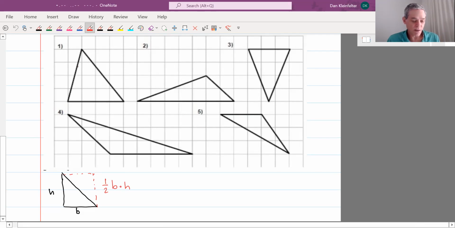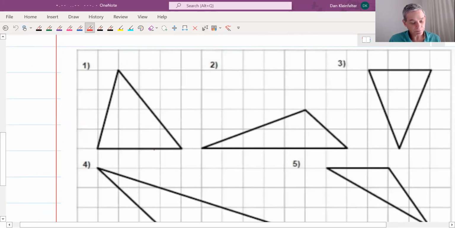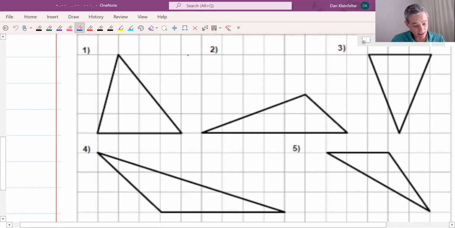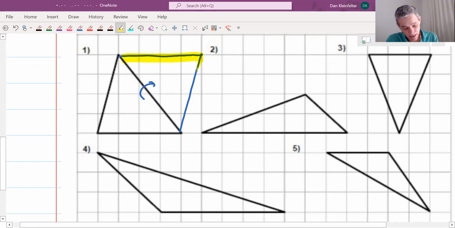So I'm going to start with this one up here that is number 1. This thing is not a right triangle, but if I proceed in the same way as I did here, we're going to see that this ends up looking like a parallelogram. So I've made just a little copy of the black triangle flipped across that slanted line here, and that makes overall a parallelogram. This parallelogram, we can figure out its area as we did before.